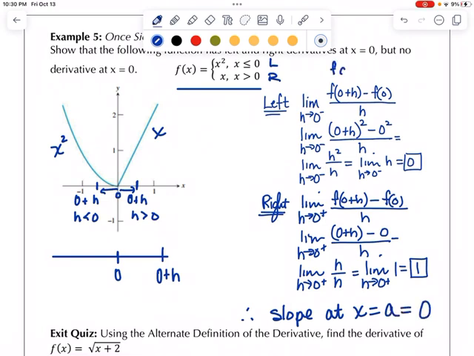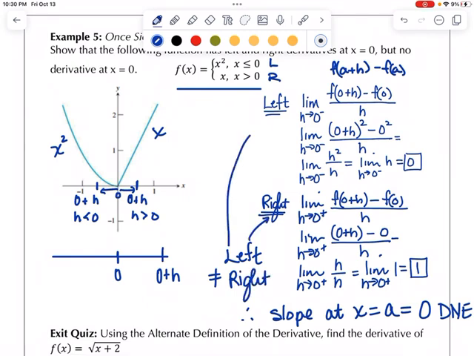Remember, we have this f of a plus h minus f of a form for the limit. It does not exist simply because the left is not equal to the right limits. Okay, they must be the same. So the slope at 0 does not exist.